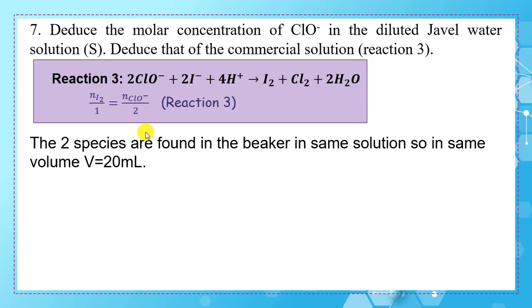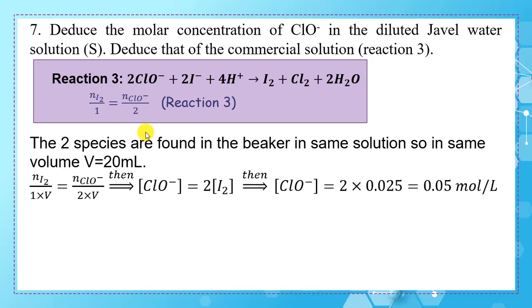However, these two species are present in the same solution, so they are in the same volume, which is 20 milliliters. Therefore, the concentration of I2 over 1 is equal to the concentration of ClO- over 2. So, the concentration of ClO- is twice the concentration of I2, so we get 0.05 mole per liter.